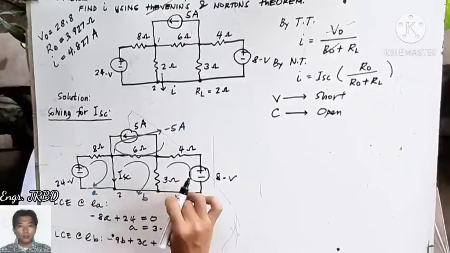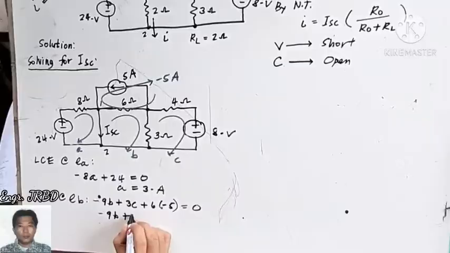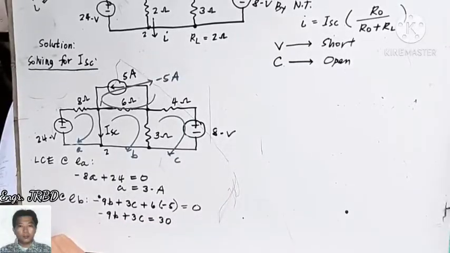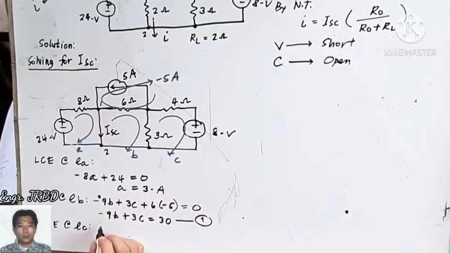Negative 9B plus 3C plus 6 times negative 5 is 0. So this is negative 9B plus 3C is 30. This is equation 1.